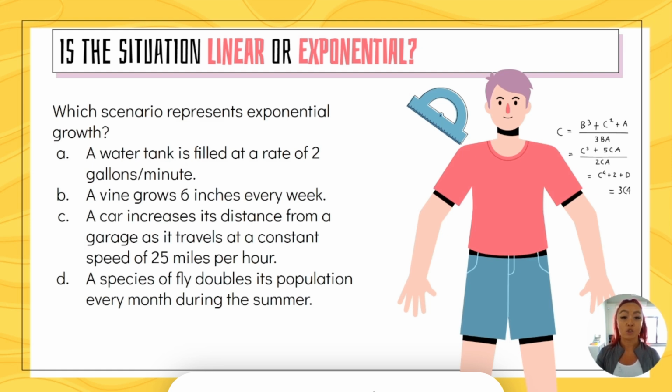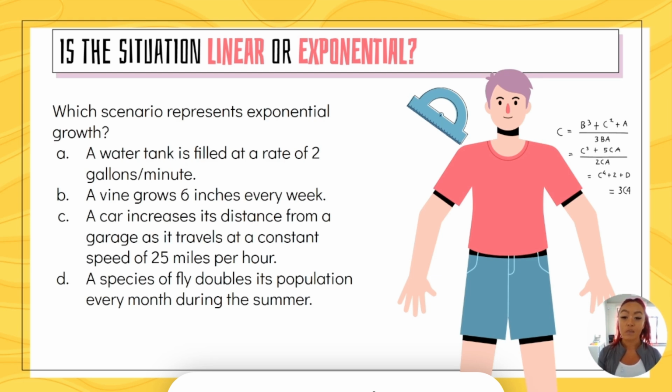So the vine is growing by the same amount of inches. That would be linear. C says a car increases its distance from a garage as it travels at a constant speed of 25 miles per hour. Well, the word constant in the answer already gave it away, that it's a constant rate of change, which means that would have to be linear.